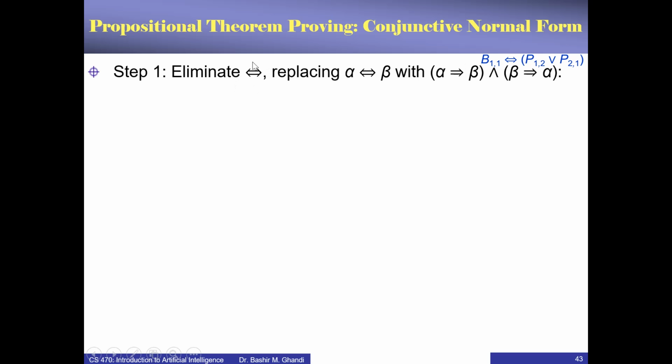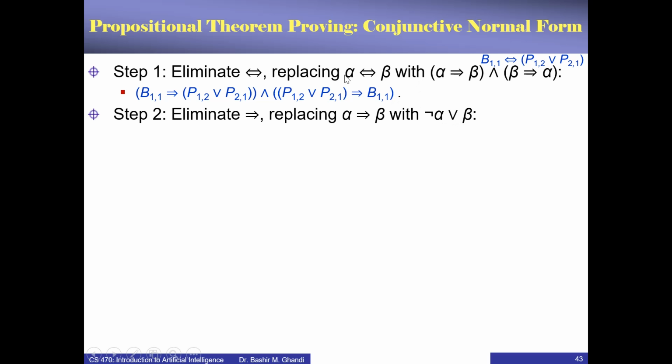First, we eliminate the biconditional, following the rule for eliminating biconditional. If you recall, alpha if and only if beta can be replaced as alpha implies beta and beta implies alpha. So with that, we replace this with implications: B11 implies P12 or P21, and P12 or P21 implies B11 as well. Next step is to eliminate the implication itself.